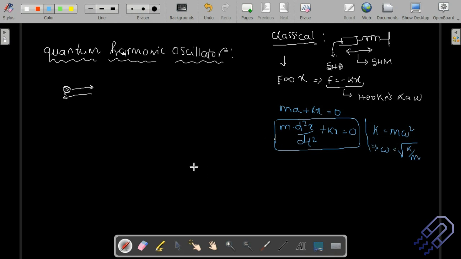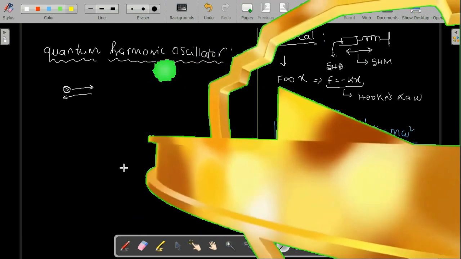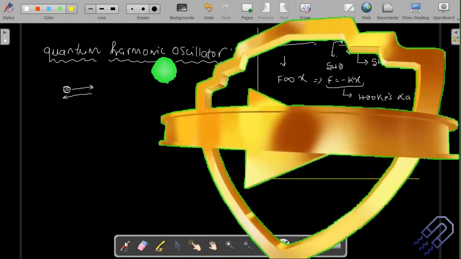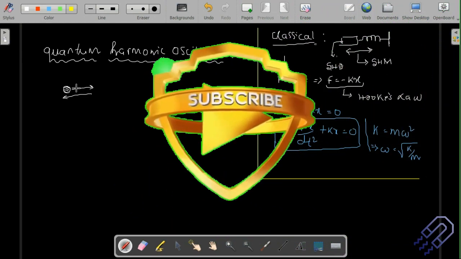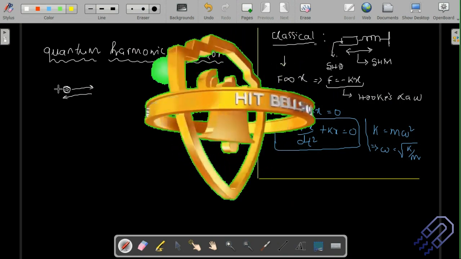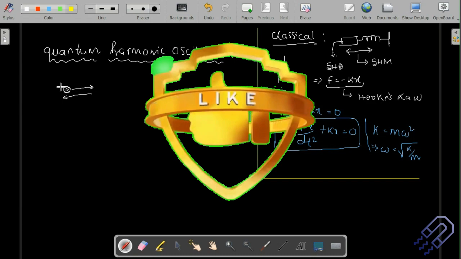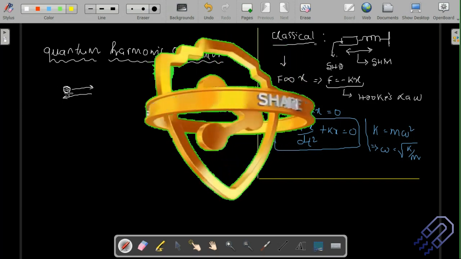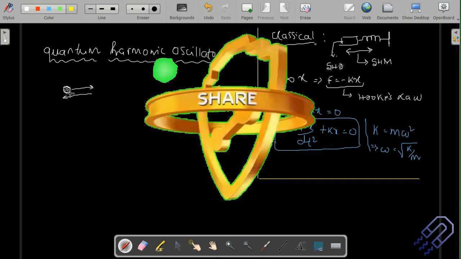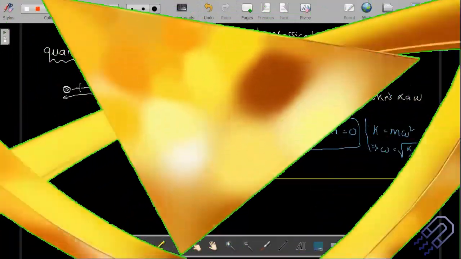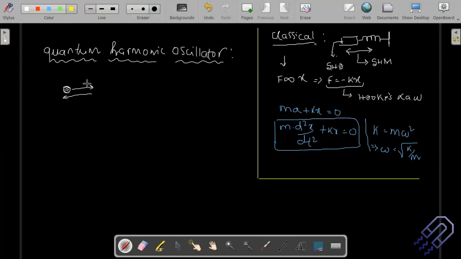So this is more or less the classical picture that we have already learned in our lower classes. Now we are going to look into the quantum mechanical picture. As I said, we have an atom, or an electron, or any particle which is vibrating to and fro. As a result, it will be set in motion and will have a harmonic motion. A quantum particle, so a quantum harmonic oscillator.